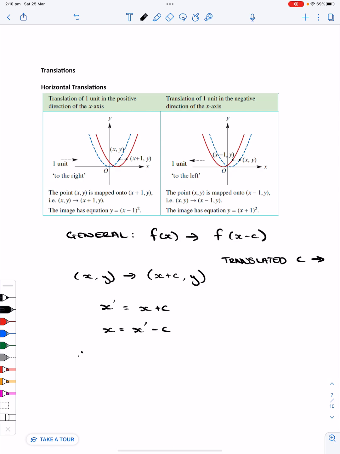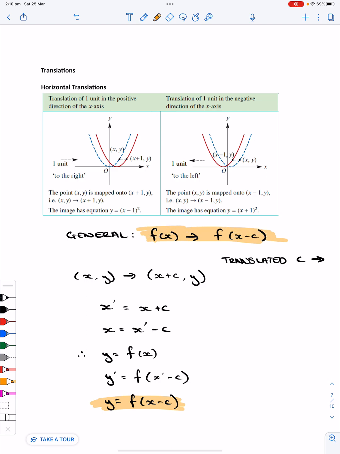And therefore, if I have y equals f(x), y image equals f(x image minus c), and this can be written as y equals f(x minus c). Now, this expression is exactly the same as the general expression which we apply to such translations.